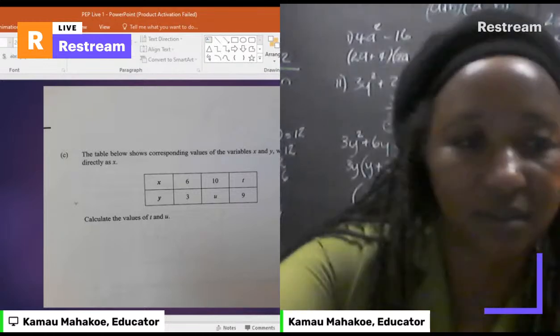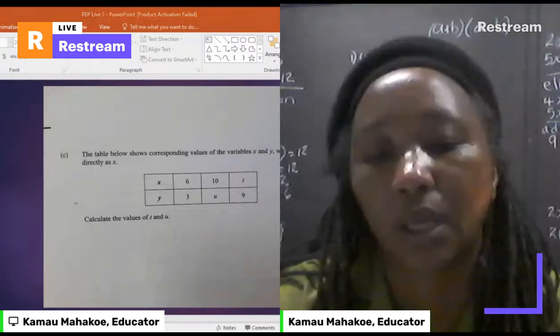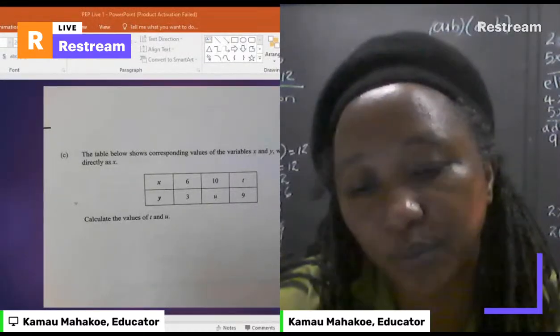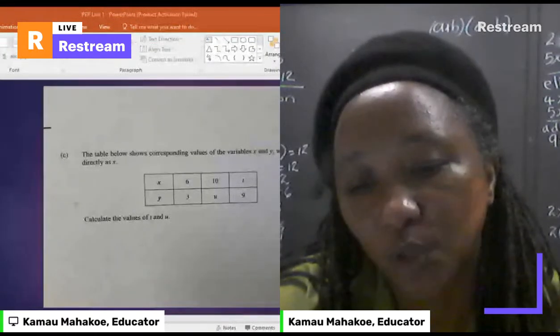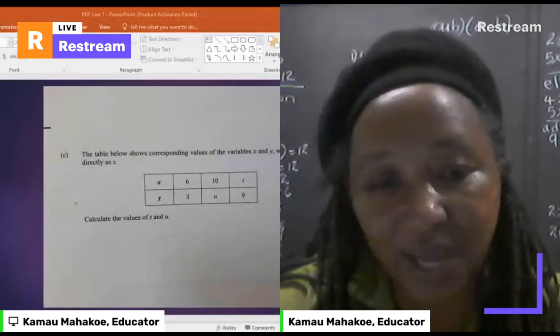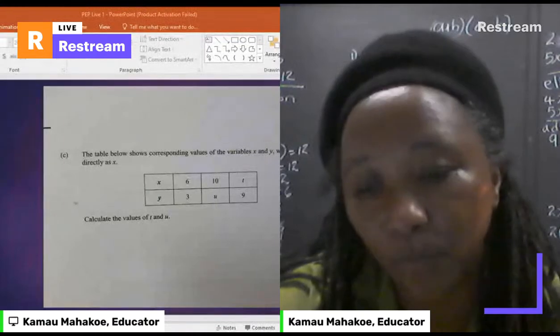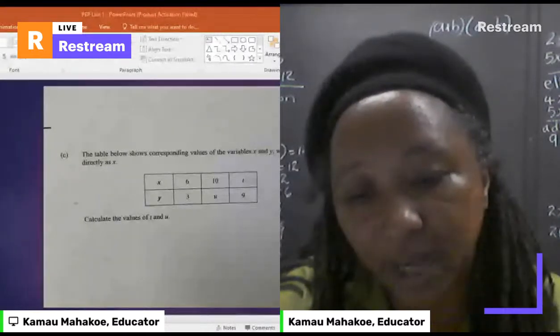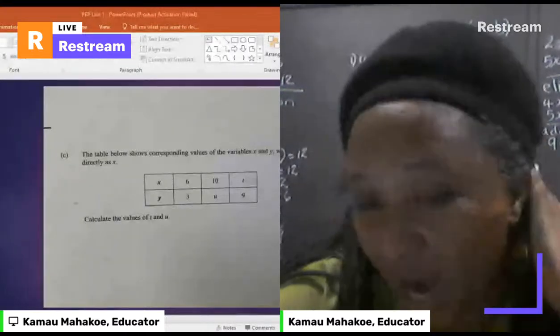Okay. So for this question, it says the table below shows corresponding values of the variables x and y, where y varies directly as x. All right. So this is direct variation.